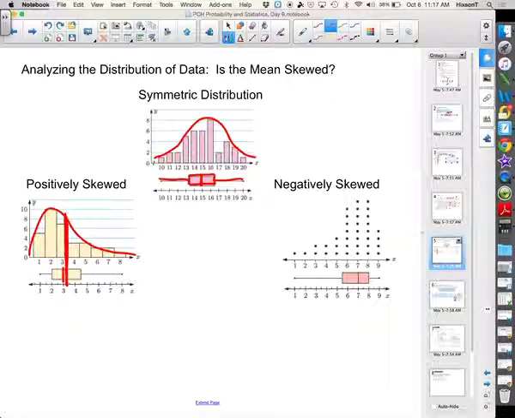Now, here we have kind of the opposite idea. Most of our scores are high, but then we have some really low ones that are going to pull the mean down. Okay?